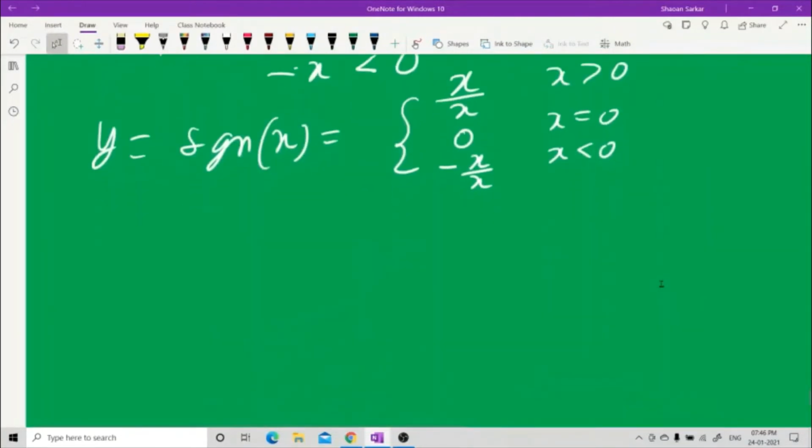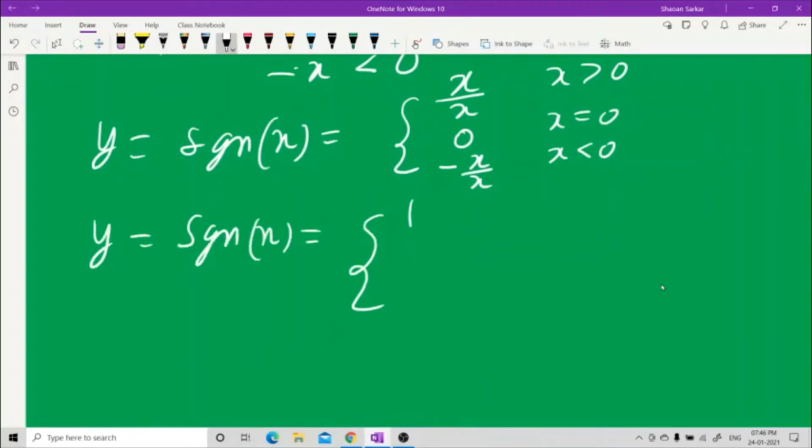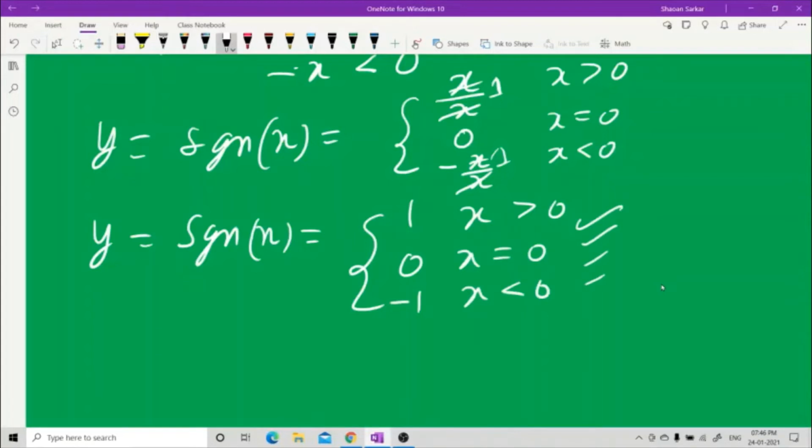This gives 1; cut this and cut this, you will get -1 here and +1 here. So 1 for x greater than 0, 0 for x equal to 0, and -1 for x less than 0. This is always fixed. You don't need to change.